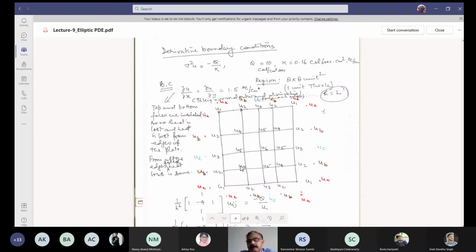And similarly, this will be U4, because again this is 1 unit and then 1 unit, and similarly this will also be U4. Now we'll see the edges. Here it is U1, so this will also be U1, and this will also be U1. Then this is U2, this position will also be U2, right?